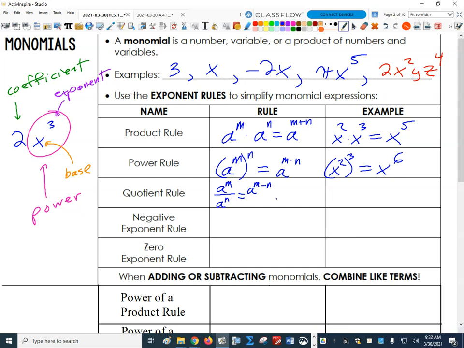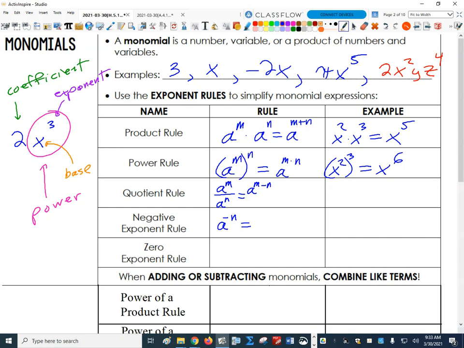It's also convenient to combine the quotient rule and the negative exponent rule into one form. Let's jump down to the negative exponent rule for a second. If I have a to the negative n, what is that equal to? A negative exponent in the numerator always corresponds to a positive exponent in the denominator.